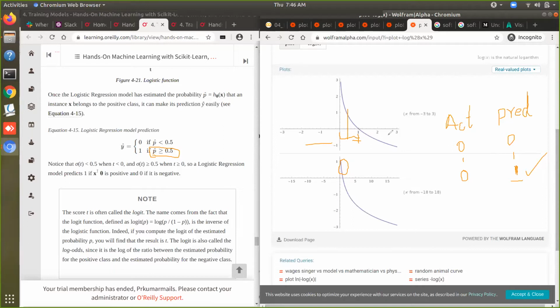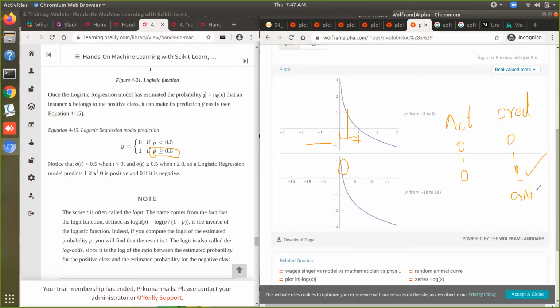Since we are seeing it as 0 and 1, we can see it like this: predicted as 0 and not 0.